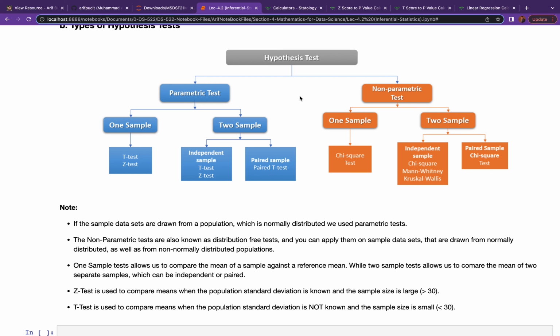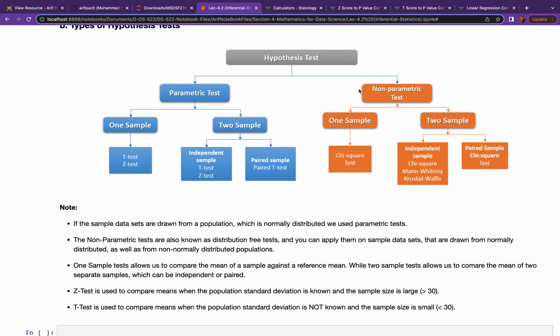If the population is normally distributed, we use a parametric test like the z-test or t-test, which we are going to practice in today's session. Non-parametric tests are also known as distribution-free tests, and you can apply them on sample datasets that are drawn from normally distributed as well as from non-normally distributed population data.